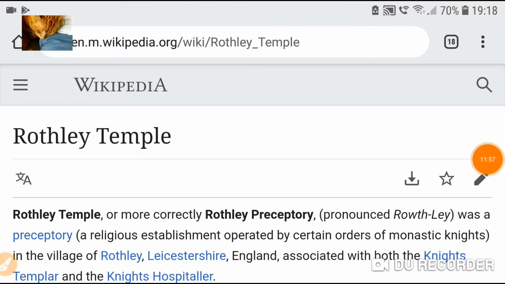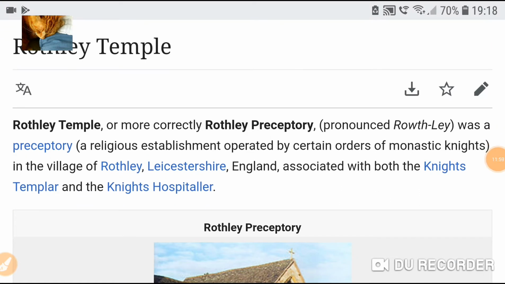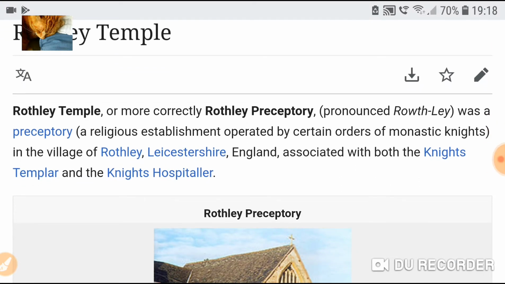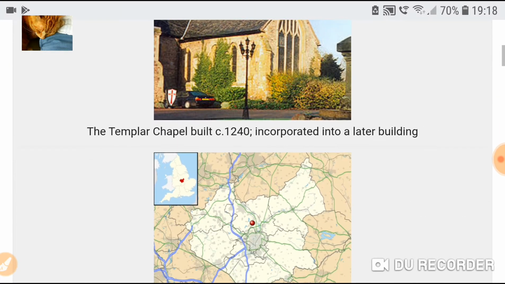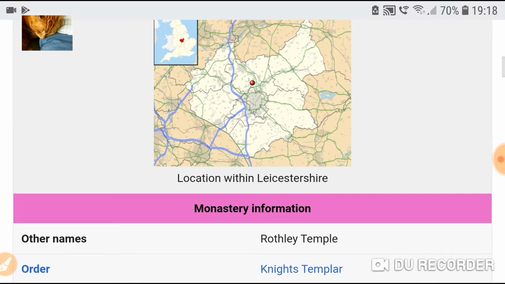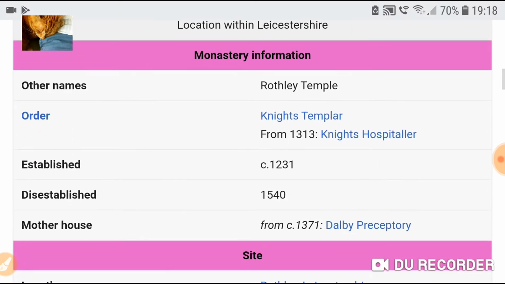Clicking on the Rothley Temple link, it tells you about the Knights Templar and the Knights Hospitaller, where it's located. I've actually stayed there.